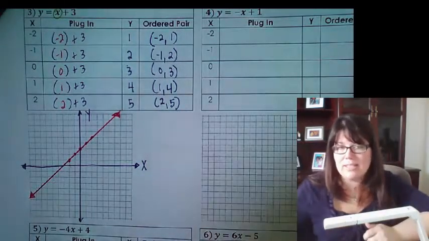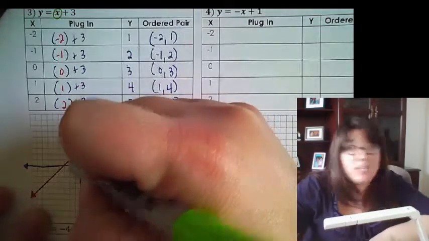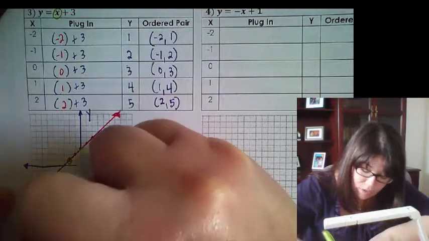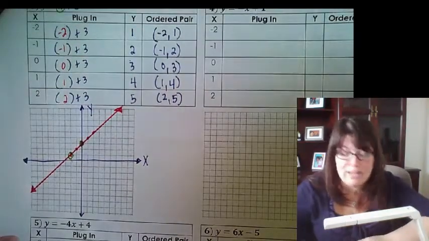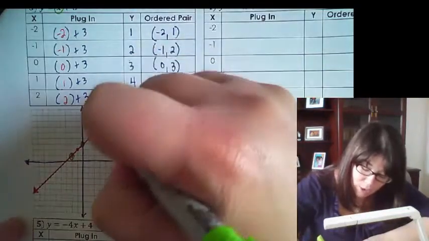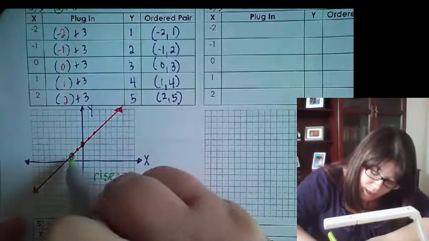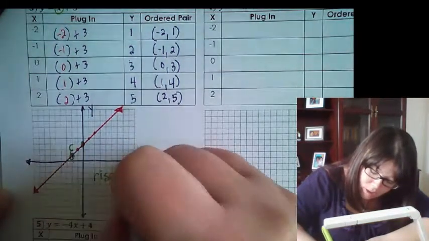Now, just to make sure I did this right, let's do our slope evaluation. Pick any 2 points. It doesn't matter, as long as you start on the left and go over to the right. I picked 2 points that were a little bit separated from each other. That's fine. So let's see. I need to know the rise. If I start here, to get to this point, I have to go up 1, 2. So my rise is 2.